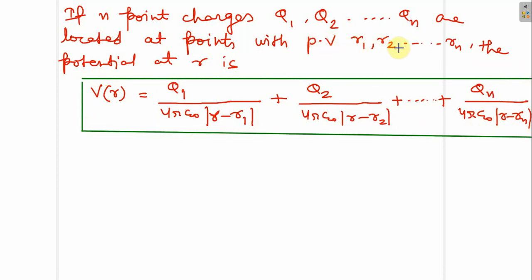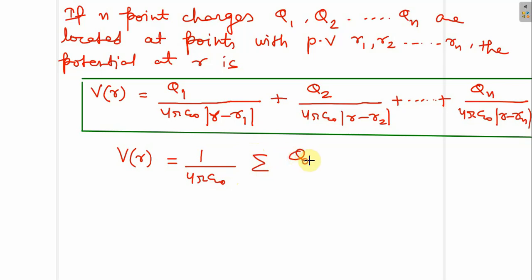located at different position vectors R1, R2, Rn. So in this way we can represent it. And if we again write it in the form of summation, the other way of representing this expression is V(R) equals, since 1 by 4 pi epsilon naught is a common term, we take it out, 1 upon 4 pi epsilon 0, and then we can use this sigma.